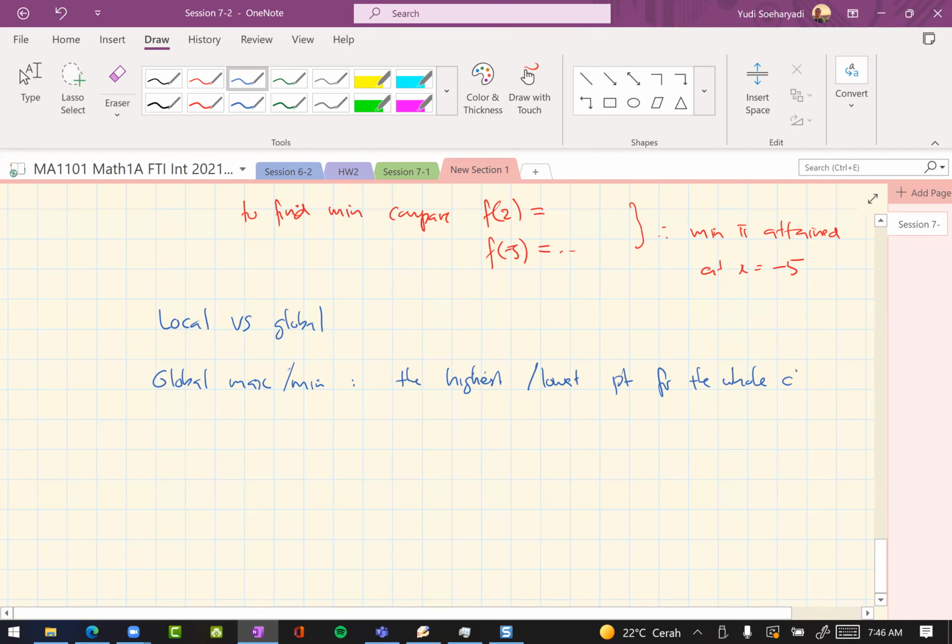We call this neighborhood an interval around that point.